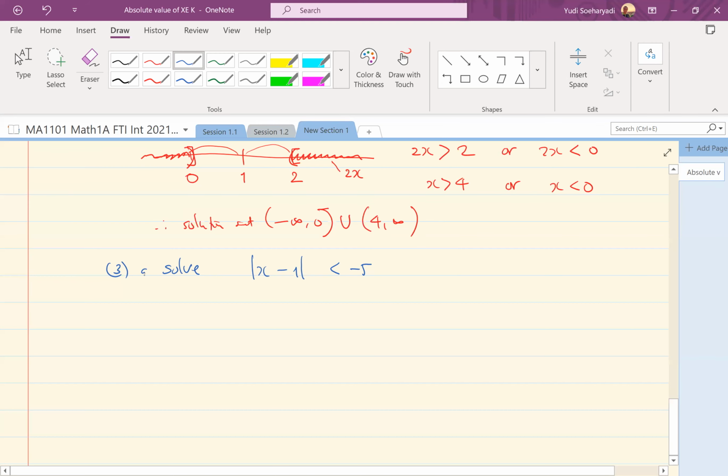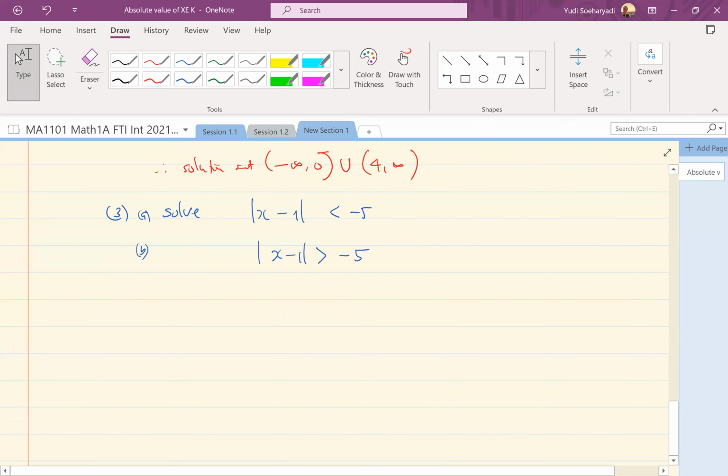Let's see. Okay, how do you see the difference between these two inequalities?